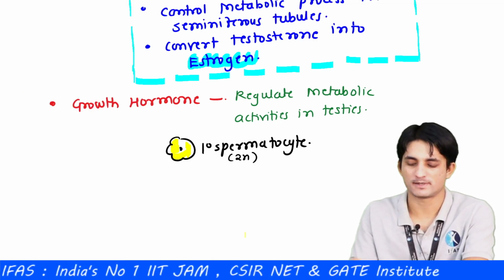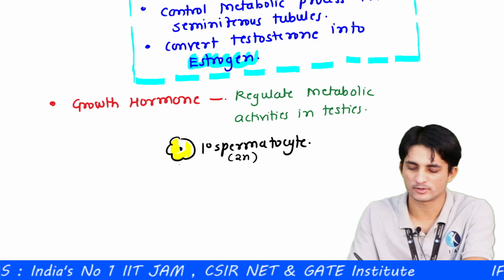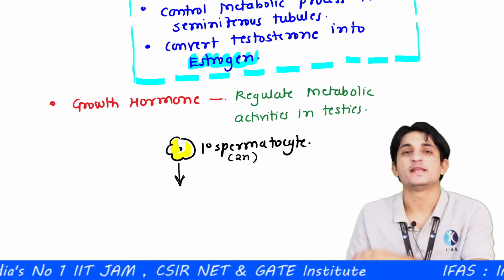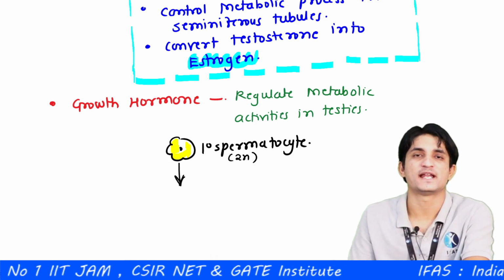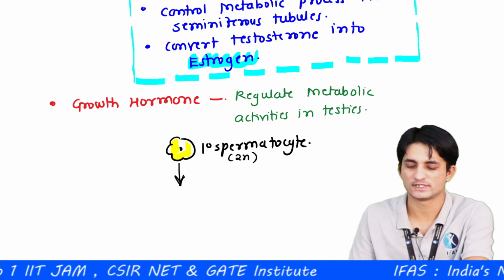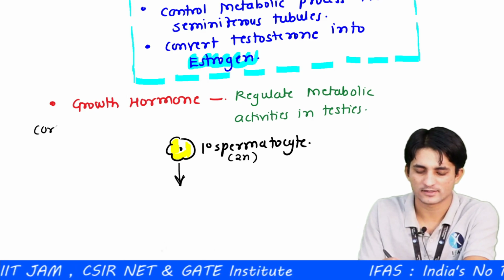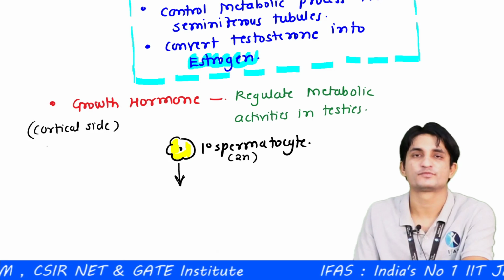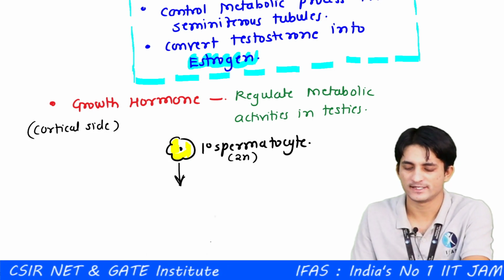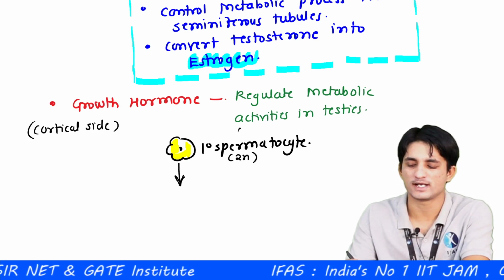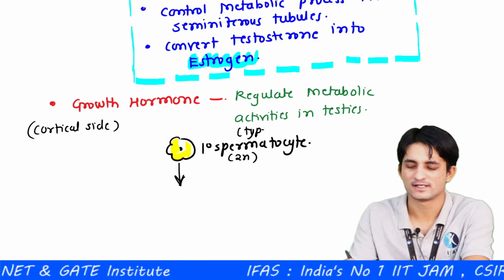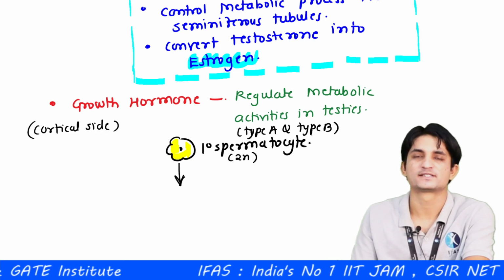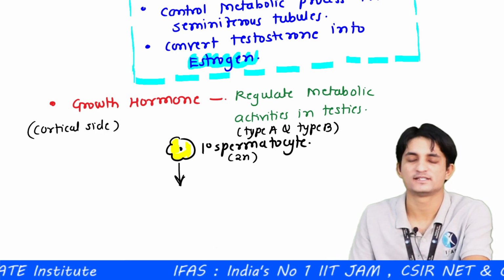Primary spermatocytes in the seminiferous tubule are present on the peripheral side, the cortical region, attached to the membrane. They are type 1, and these are called type A and type B spermatocytes.